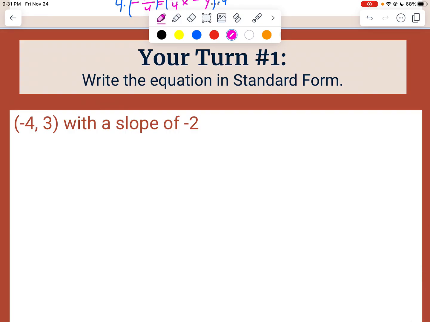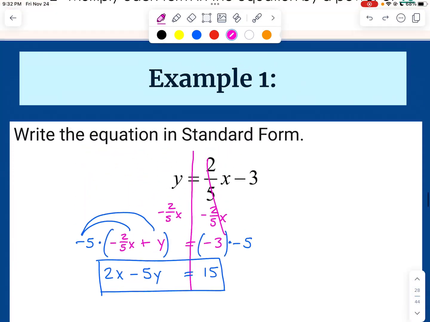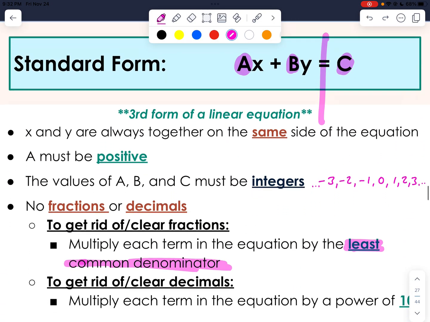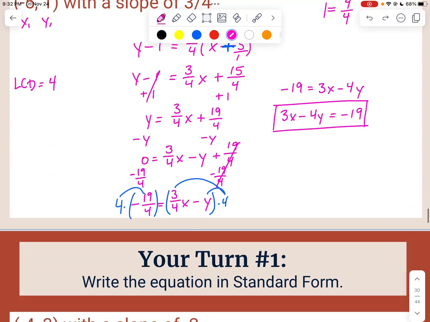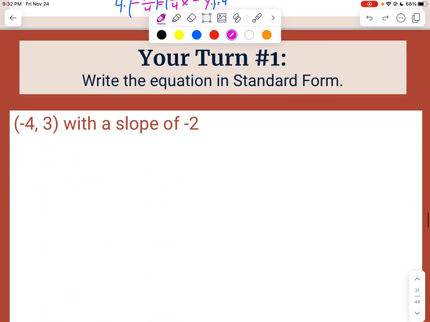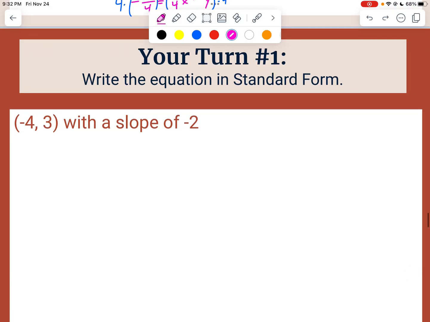So your turn number 1, you are taking the point and the slope and writing an equation and converting that equation to standard form using the steps that we've outlined previously in our notes. You're going to pause the video as you work on that. When you're done, hit play and we will go over the answers together.